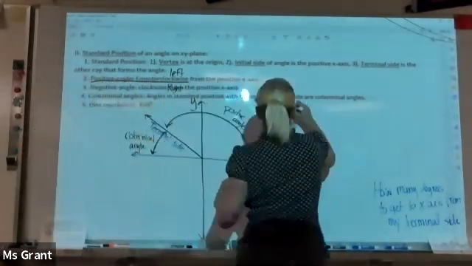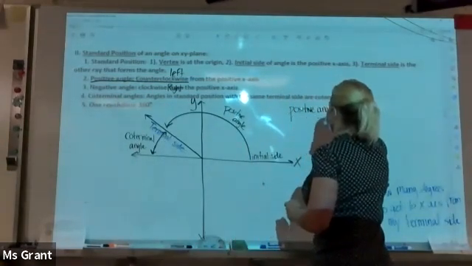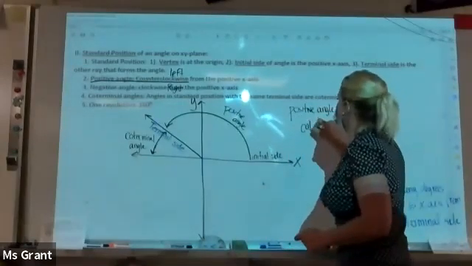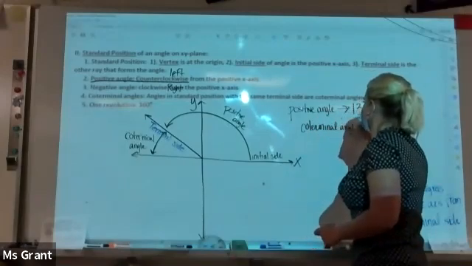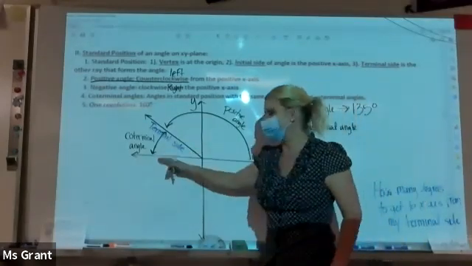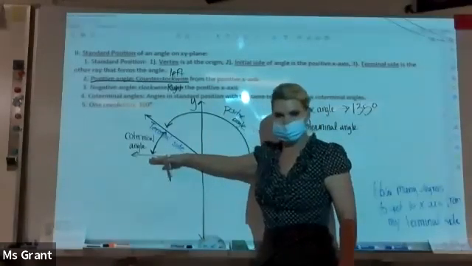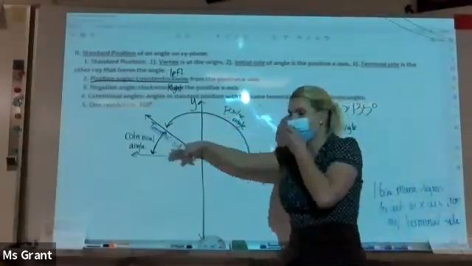So my positive angle is 135 degrees. My coterminal angle, guys, how much is left for me to get to the 180 line? From 135 to 180, how much? 45 degrees.